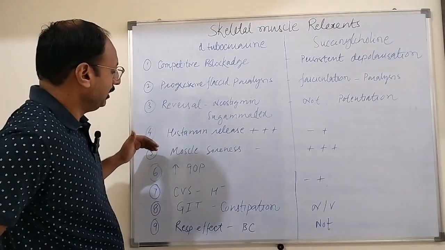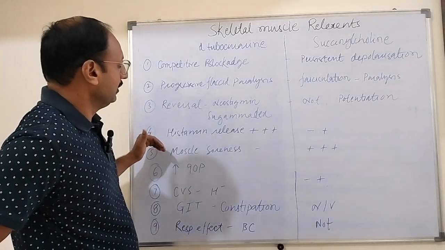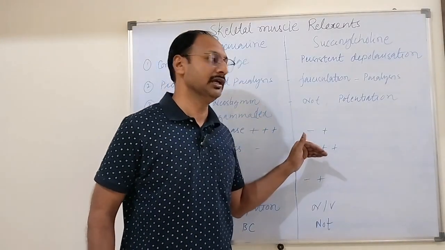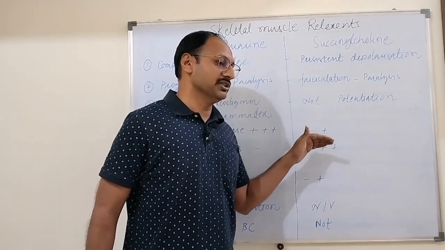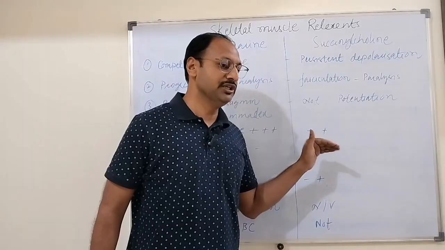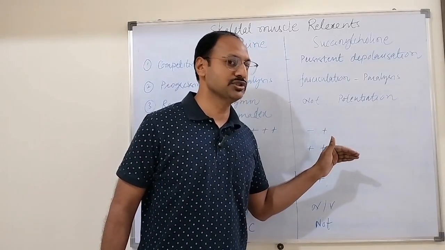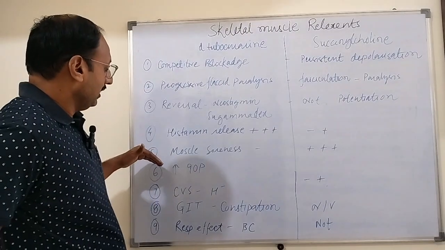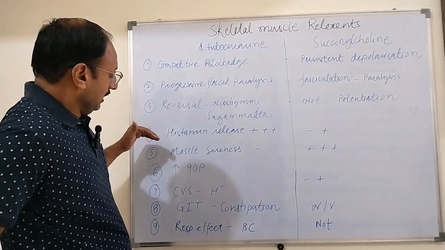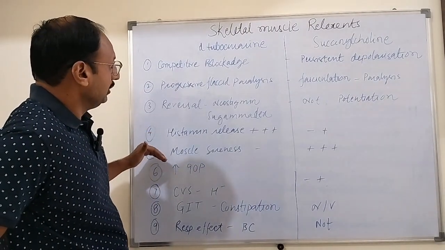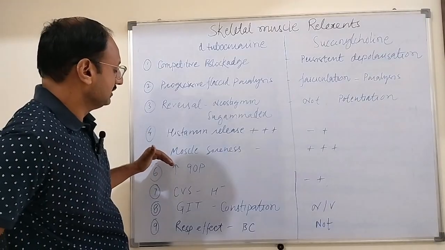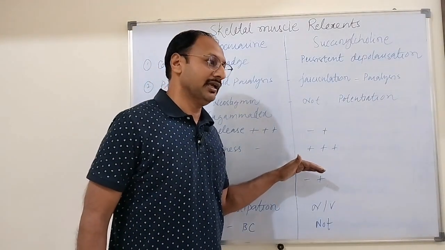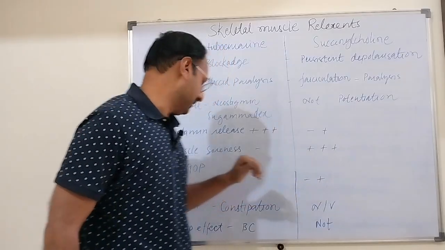Number five, d-tubocurarine does not produce muscle soreness, whereas succinylcholine produces muscle soreness due to initial fasciculation induced damage to the skeletal muscle. Number six, d-tubocurarine does not increase intraocular pressure, whereas succinylcholine can increase intraocular pressure.